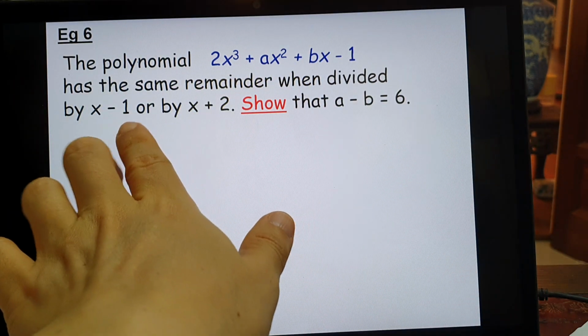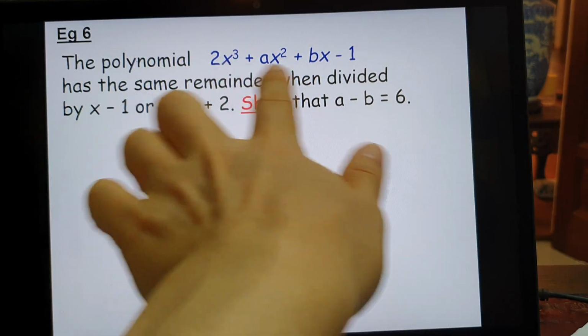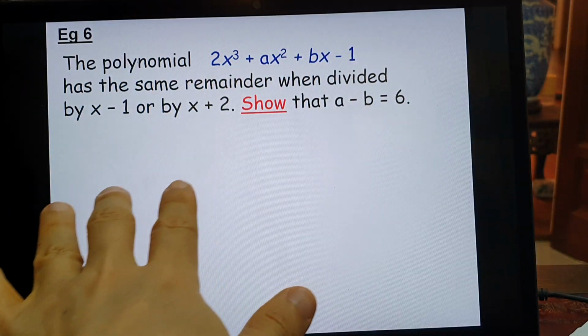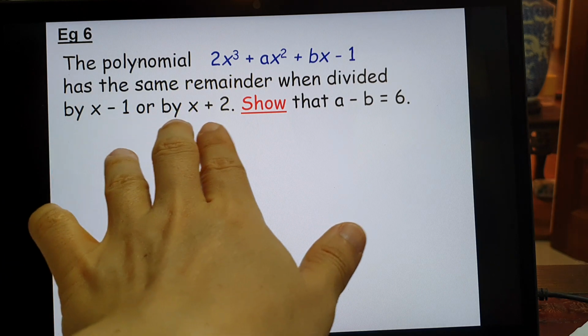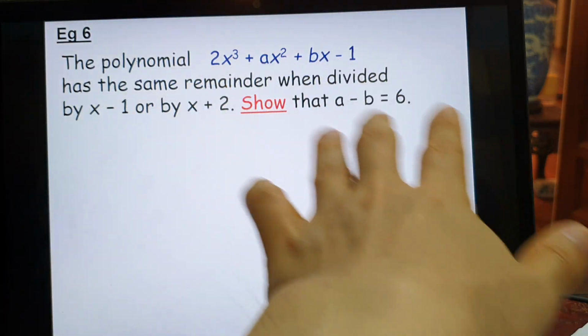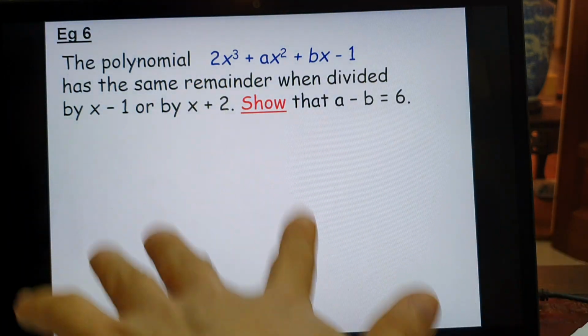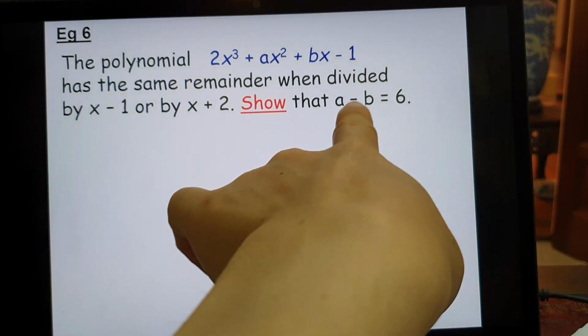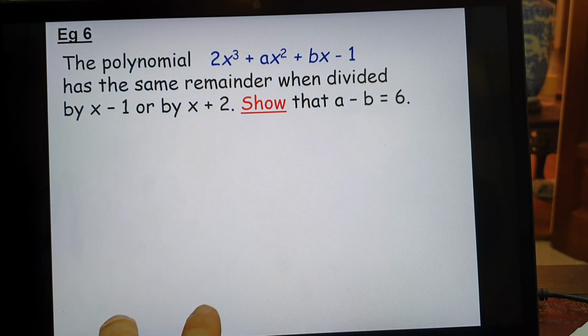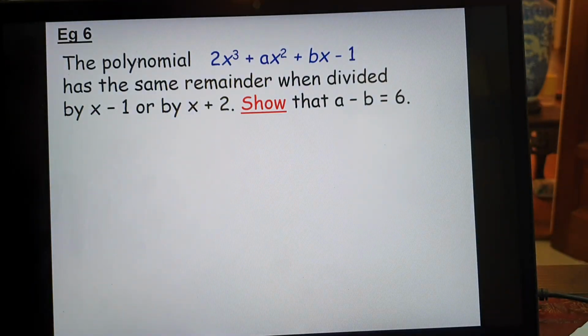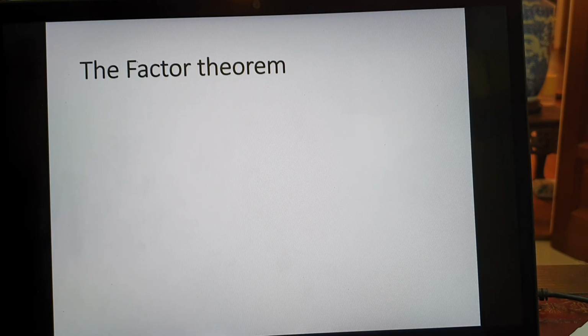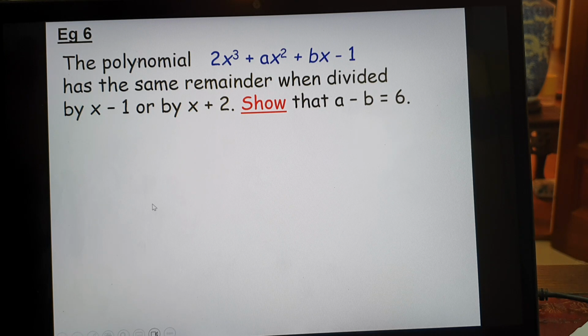Then you sub in 1. That will be what you write on the left side of the equation. You write equal, then you sub in minus 2 here. That will be what you write on the right. Then you manipulate, make a minus b the subject on the left. You'll find that the right hand side value is 6. So that's how you do the question, because the working is not shown here.